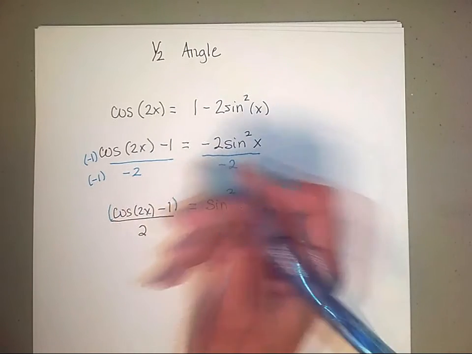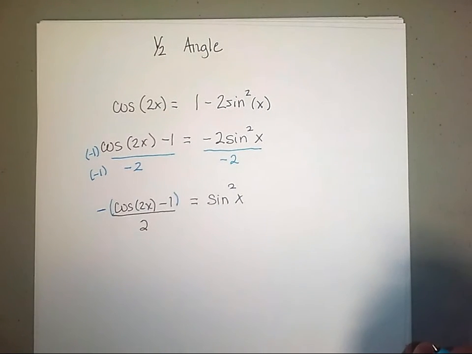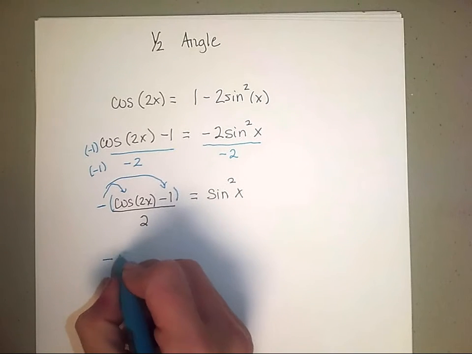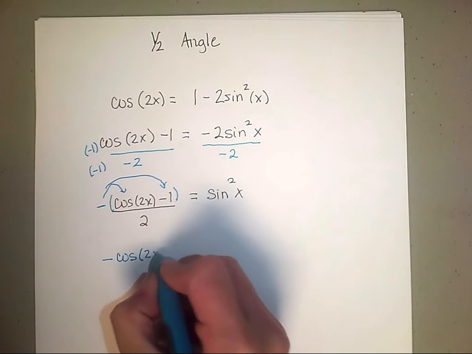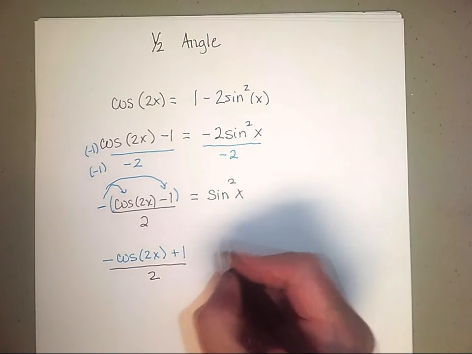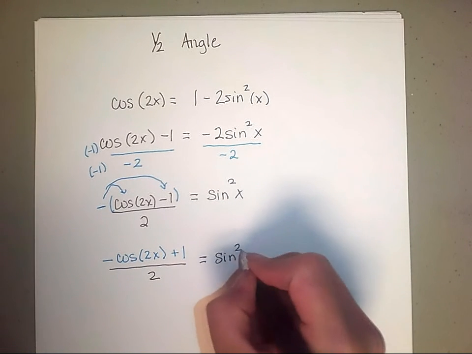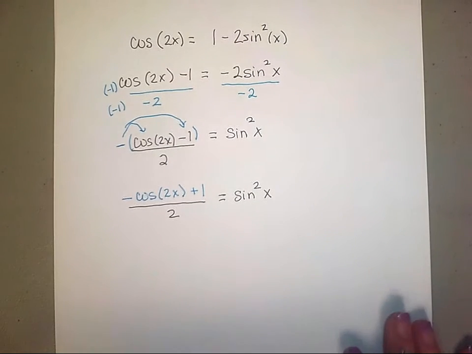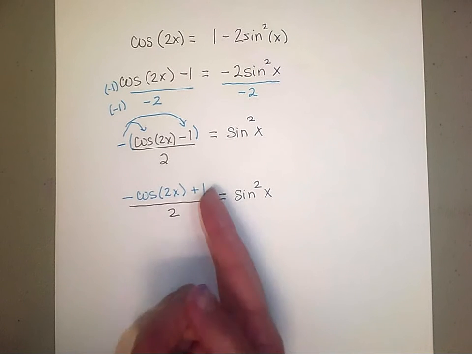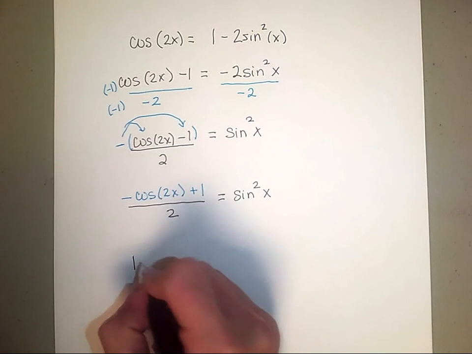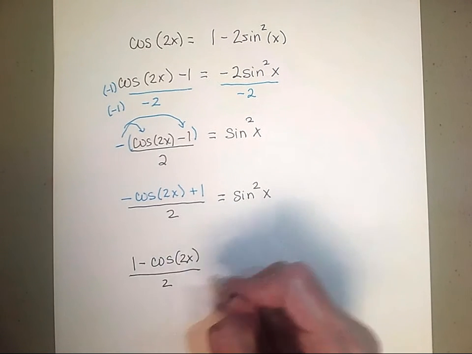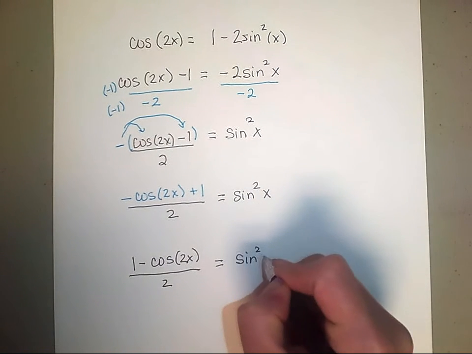So the negative comes here. Now we're going to have to distribute that through. So we'll get minus cosine of 2x plus 1, divided by 2, is equal to sine squared. Now I don't like the negative sitting out front, so let's flip these to get 1 minus cosine of 2x, all over 2. This just makes it a little easier to handle. That is equal to sine squared of x.